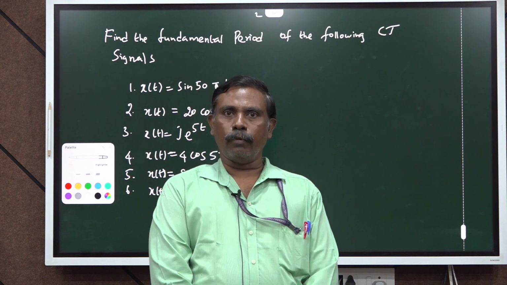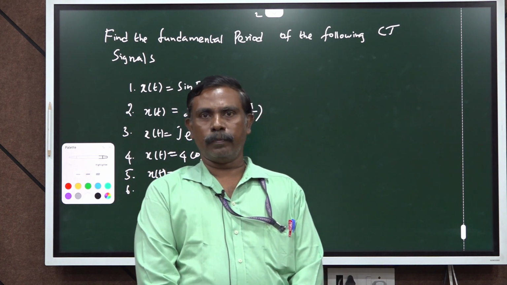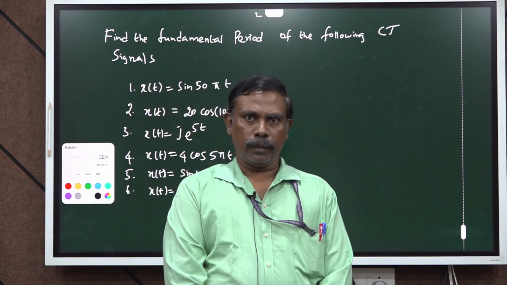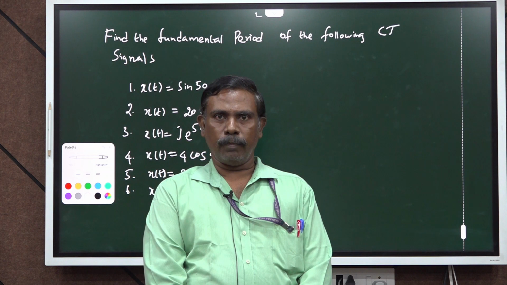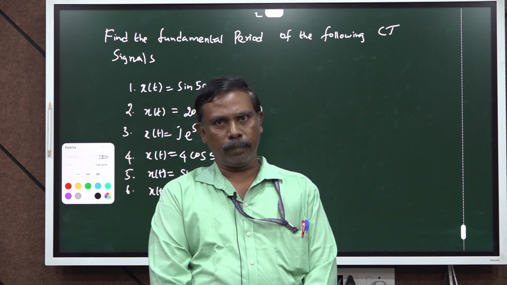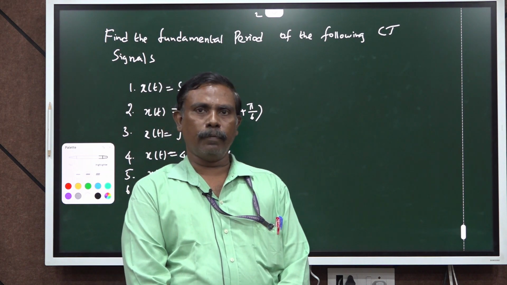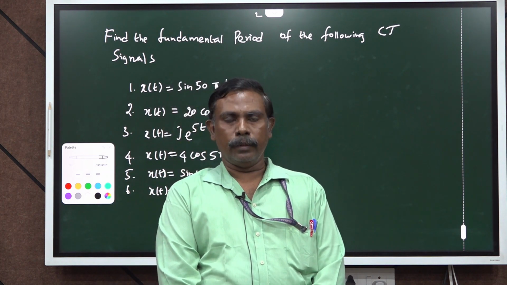Today we are going to solve some problems in periodic and aperiodic signals. I think last class we discussed what a periodic signal and an aperiodic signal are. A periodic signal repeats with a period of 2 pi in general.